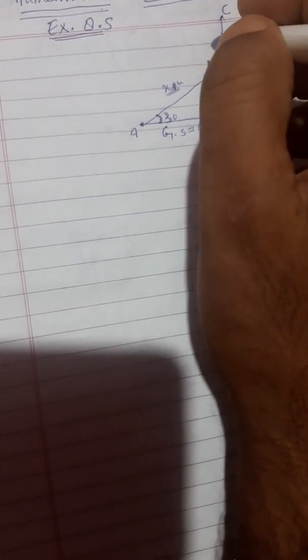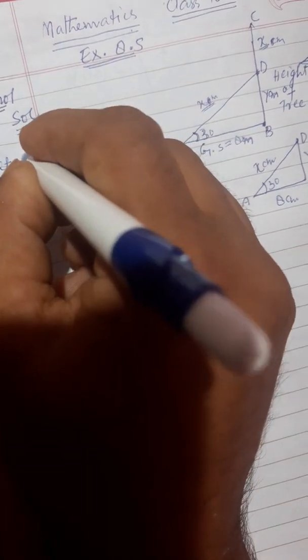We have to find this BC, that means the height of the tree. We will write it as, let this BD, this part of the tree, be y meter, and then DC be x meter.